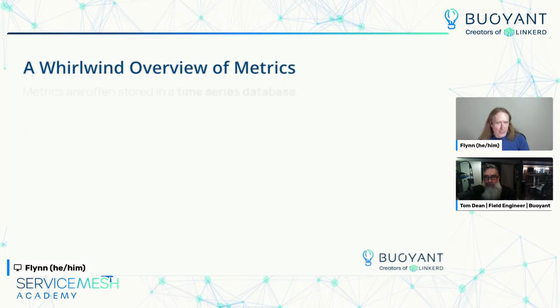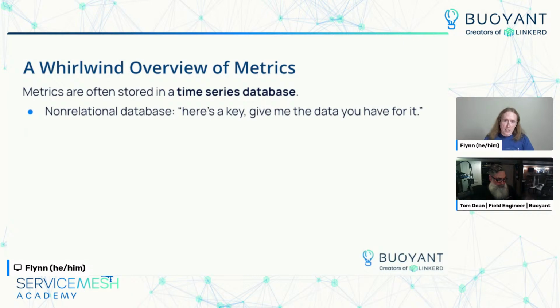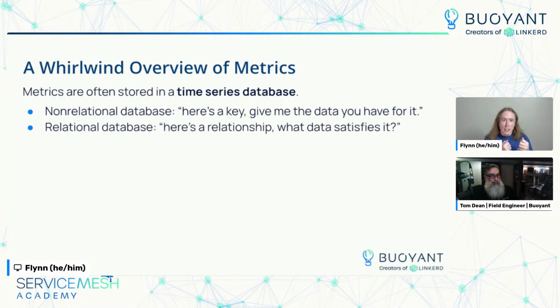All right. Let's take a very quick overview of the way metrics systems tend to work. You will usually see metrics stored in a time series database. We could go into the rabbit holes of trying to do formal definitions of different kinds of databases, but instead you will get Flynn's rules of thumb, which is that non-relational databases are key value stores: here's a key, give me a value. Relational databases: hey, here's a relationship, please tell me about data you have that fits this relationship.